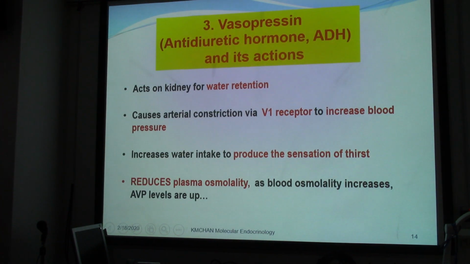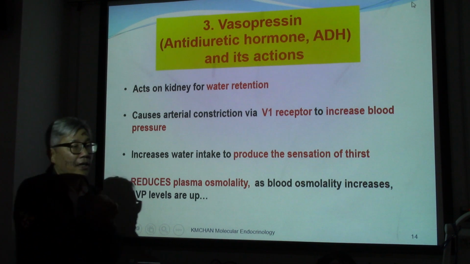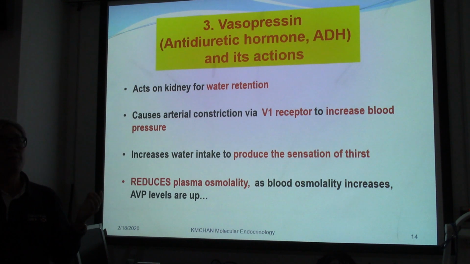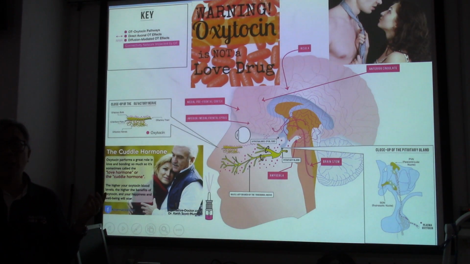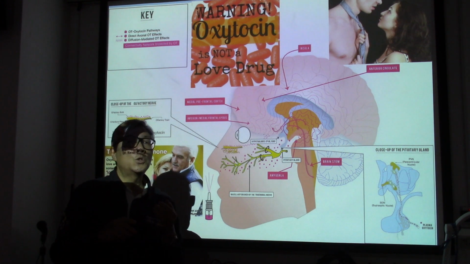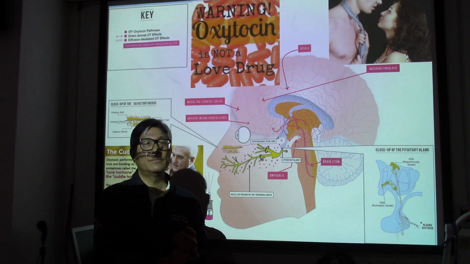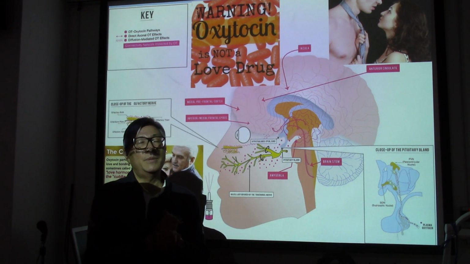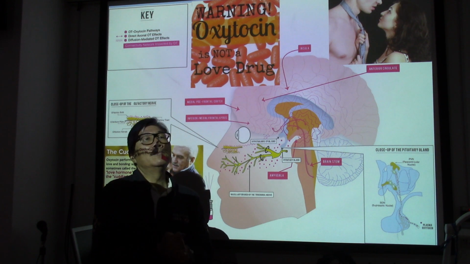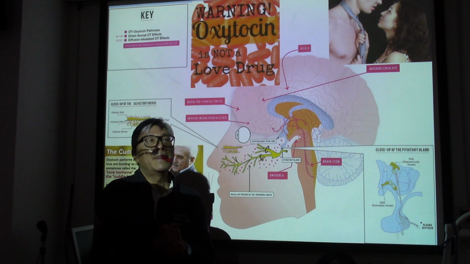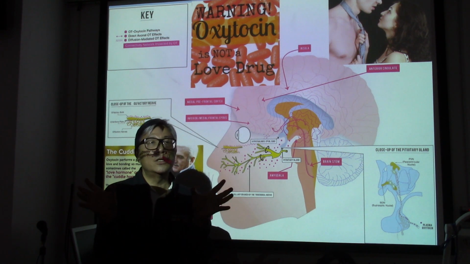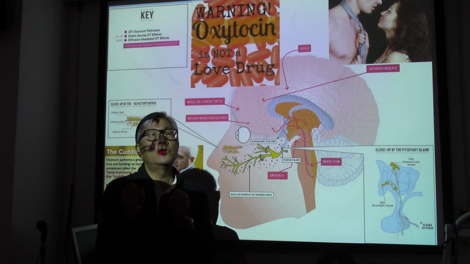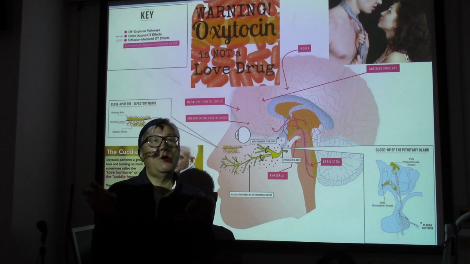Okay, let's stop and then we move on to the second video. So in the first video, we have explained the structure of the posterior pituitary gland. We have explained the two hormones, vasopressin or ADH, also called arginine vasopressin, together with oxytocin, and they are actually from two genes, but these two genes are highly similar with two different promoter regions to control the expression of these two hormones.